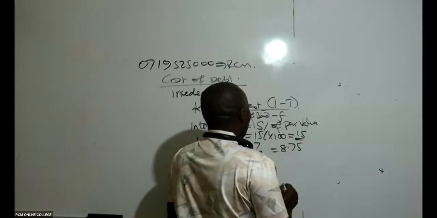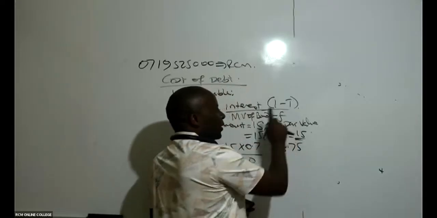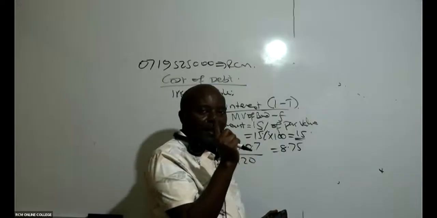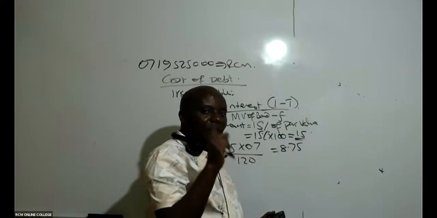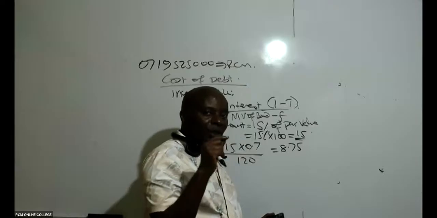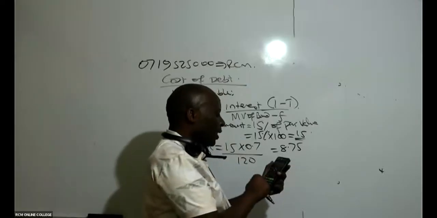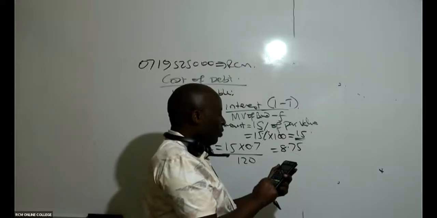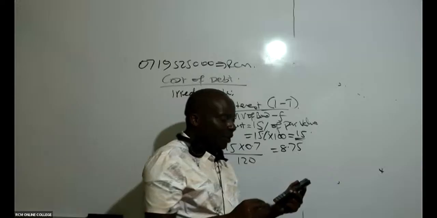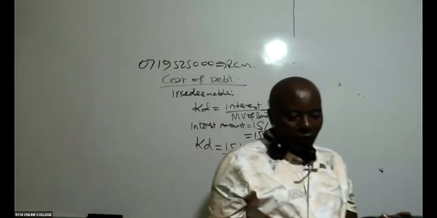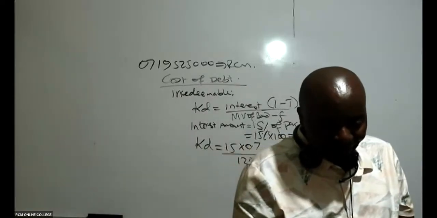Remember, the tax rate has been given in the question as 30%. So I should say 1 minus 0.3, which is 0.7. And then I say 15 times 0.7. Whatever I get, I'm getting 8.75. Can you kindly confirm?